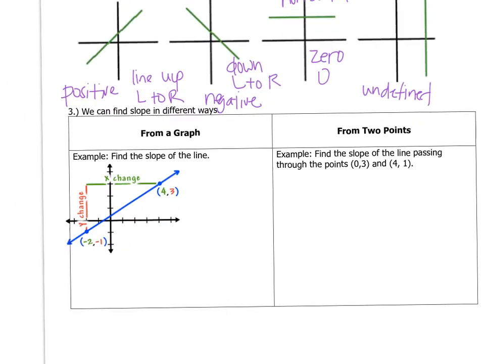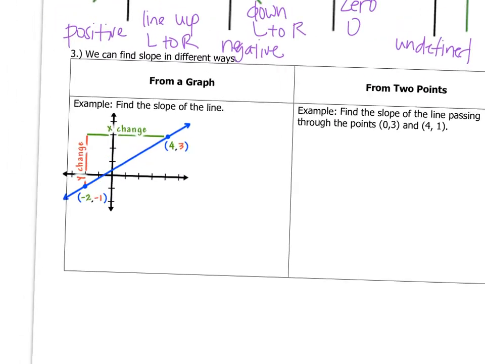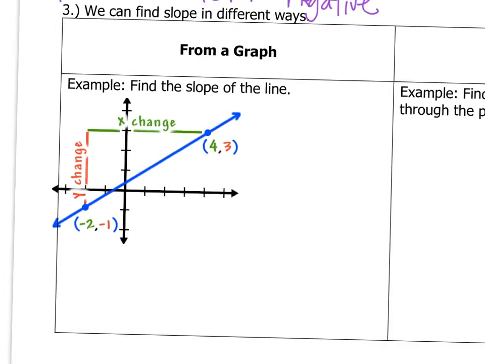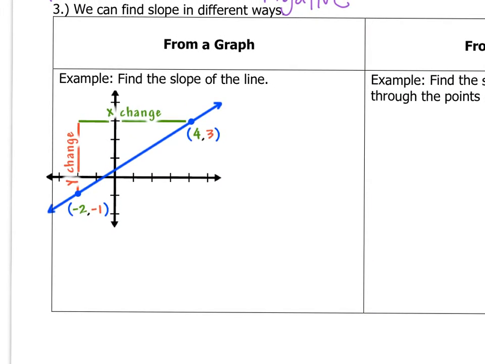All right, so first semester Algebra 1, you learned a couple different ways to find slope. So we are going to do, again, just a real brief review and practice. We will look at finding slope from a graph first. What we are going to do here is count what we say is rise over run.